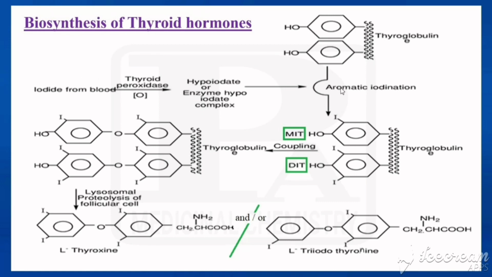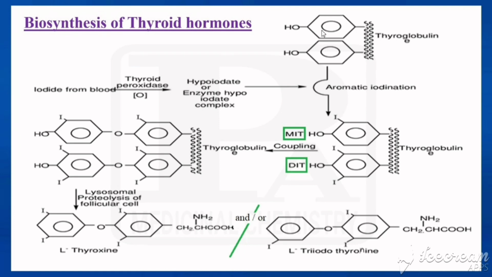Now it undergoes aromatic iodination. So where the iodination takes place, the aromatic ring would be iodinated. The tyrosyl residue that is present in the thyroglobulin undergoes aromatic iodination. So using this oxidized product, it would be iodinated.